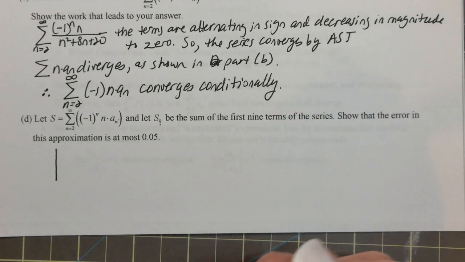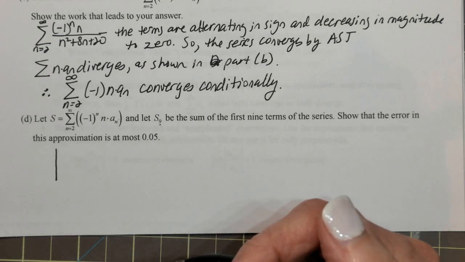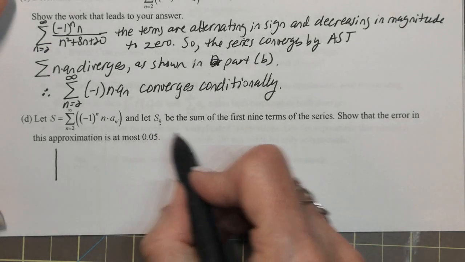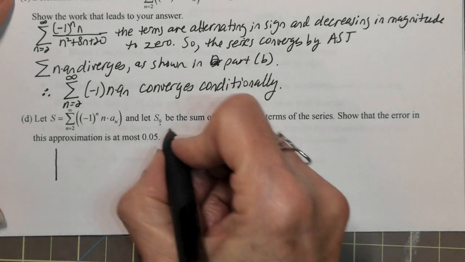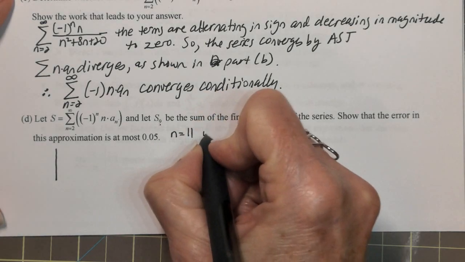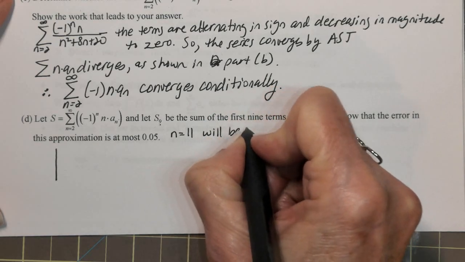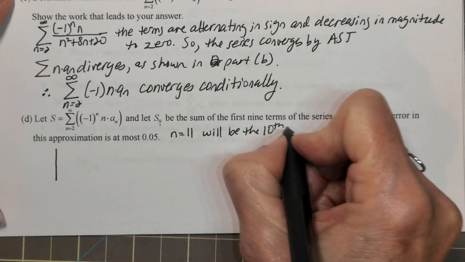So we want when n is 11. So if you need to write that out, write it out, okay? But we want when n is 11. n equals 11 will be the 10th term.